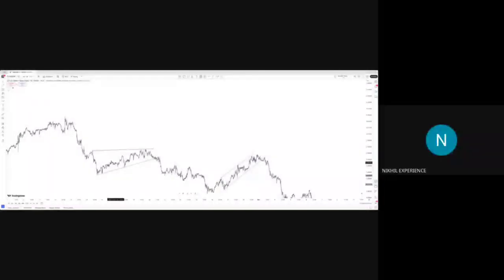You spot this, and on top of it, you tell me it's a rising wedge as a continuation pattern. Don't just tell me it's a rising wedge.